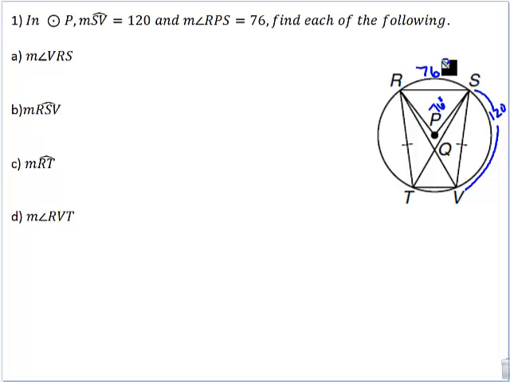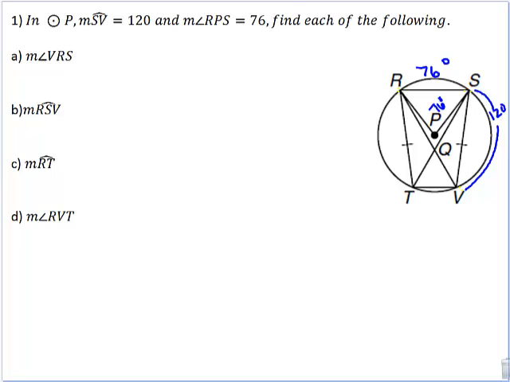So now let's take a look at what we're looking for. The first one, we want to find the measure of angle VRS. So VRS. Is that inscribed or is that a central angle? That's inscribed. So we want to look to see what arc it intercepts. So what's the arc measure that corresponds with VRS? Yep, VS is 120 here.